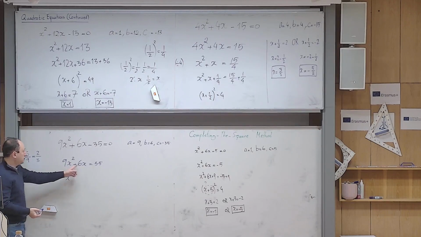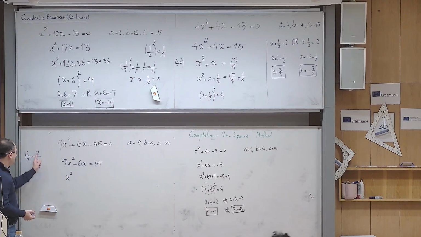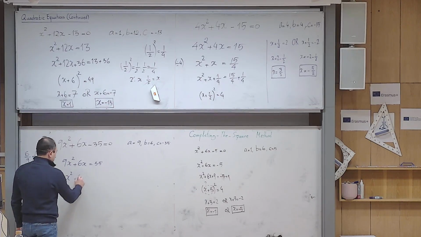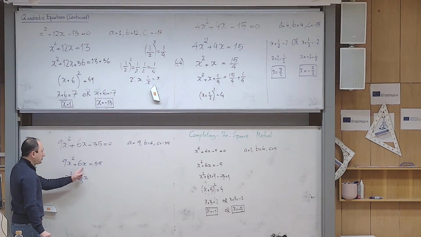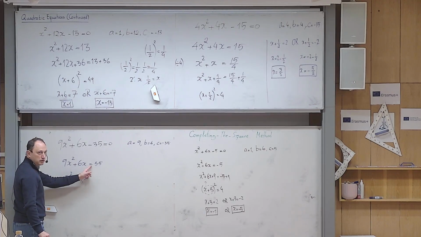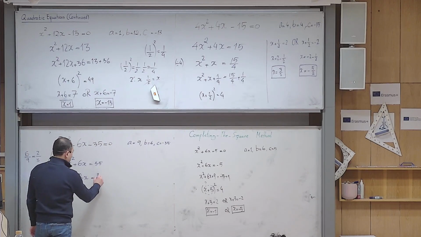So you just divide this by 9, it becomes 2 over 3. But if you divide the left-hand side by 9 and you want to respect the meaning of equality, you have to divide this by 9 as well. So this becomes 35 over 9.